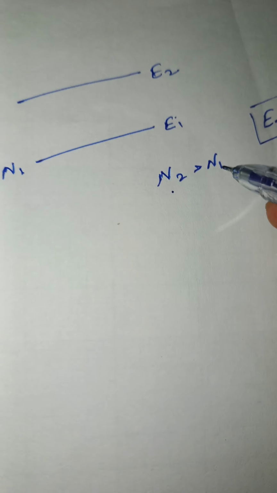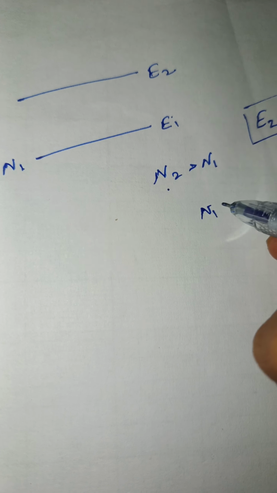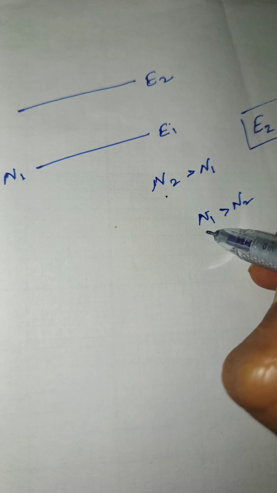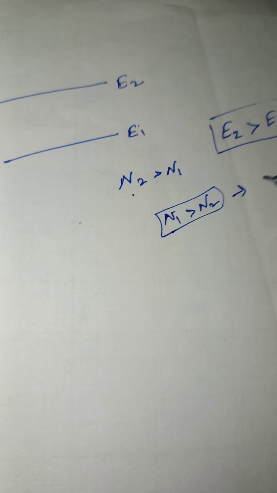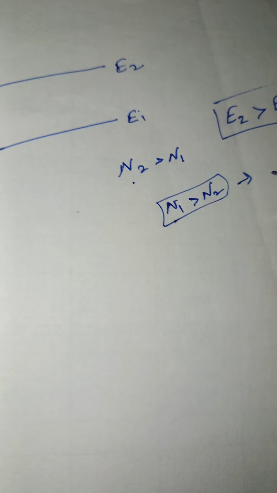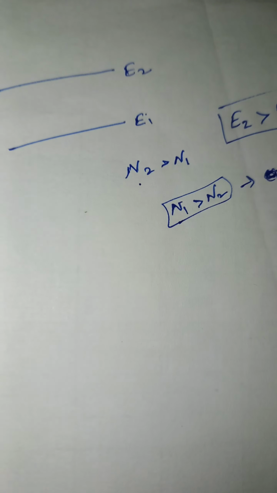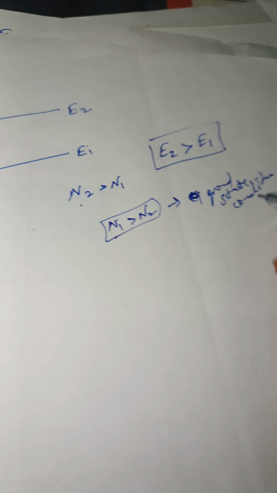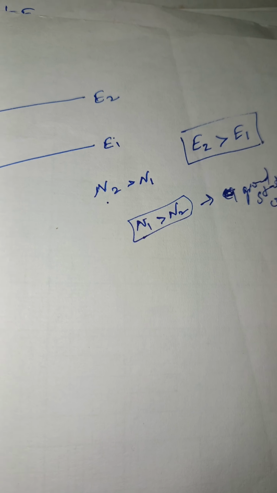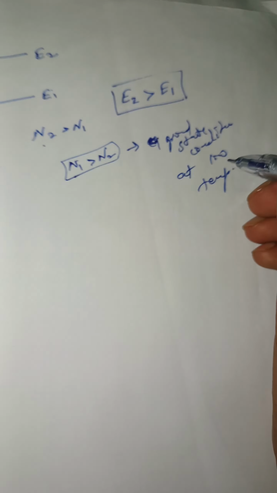Usually, in the usual condition, N1 is greater than N2, meaning in the ground state the number of particles is greater than in the excited state. This is the equilibrium, ground state condition at low temperature.